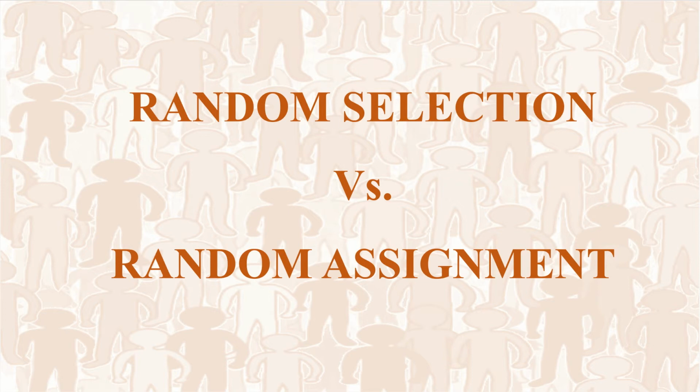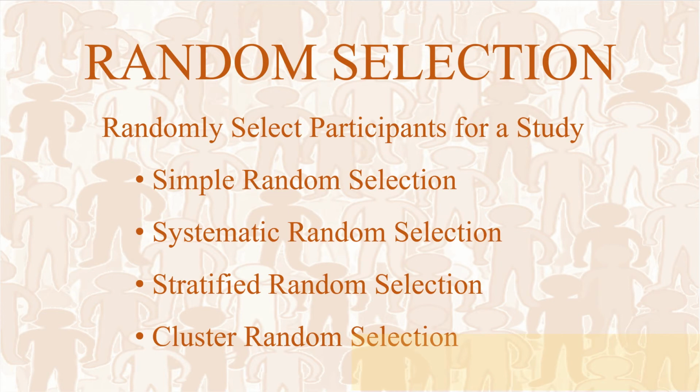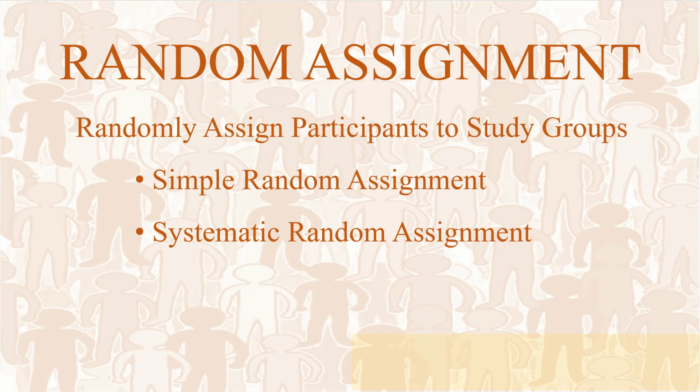First, review random selection versus random assignment. Random selection means that participants are randomly selected to participate in a study. Random selection can include simple random selection, systematic random selection, stratified random selection, or clustered random selection.